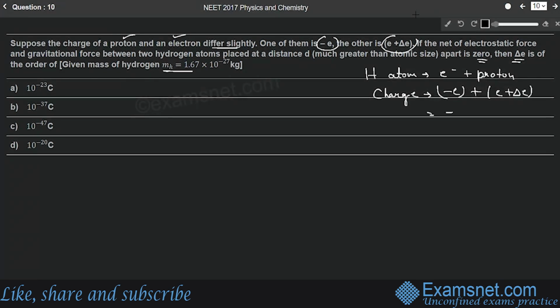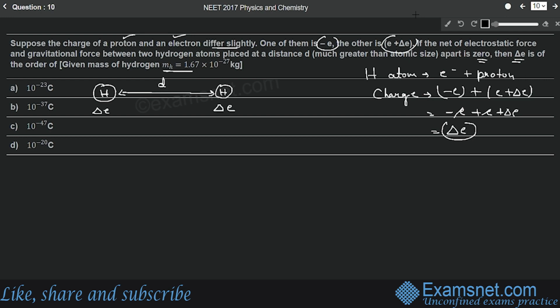On solving, we get minus e plus e plus delta e. Minus e plus e will be 0, which means delta e will be the charge on the hydrogen atom. Two such hydrogen atoms are placed at a distance d apart, and the charge on each hydrogen atom will be delta e.